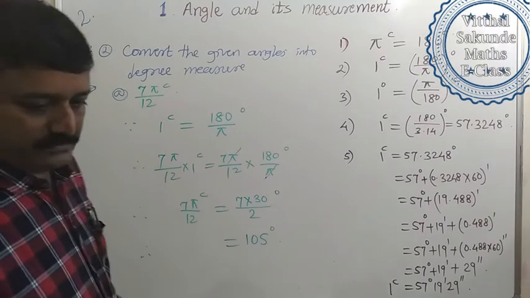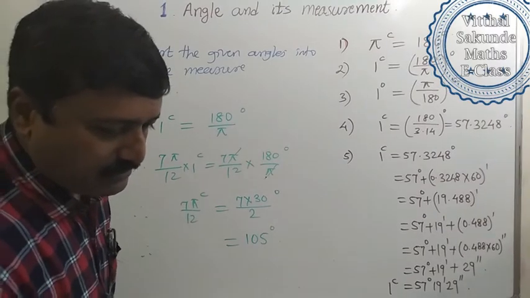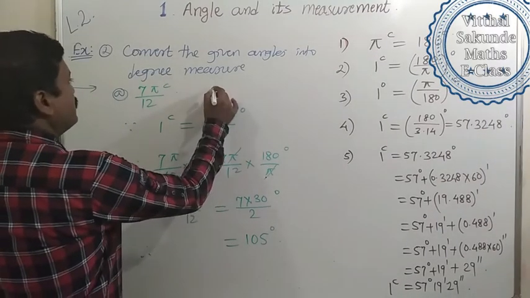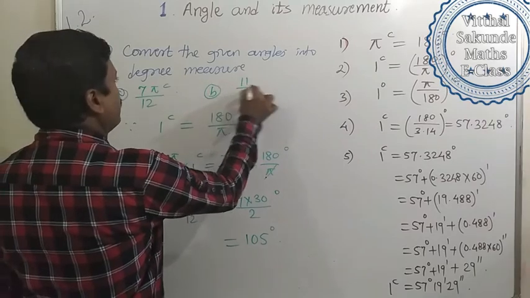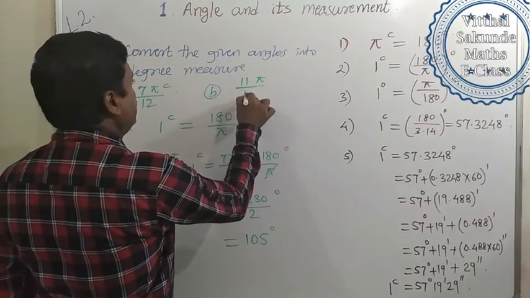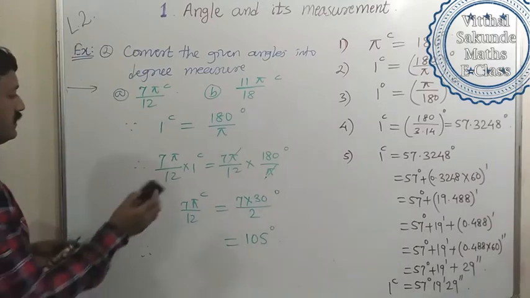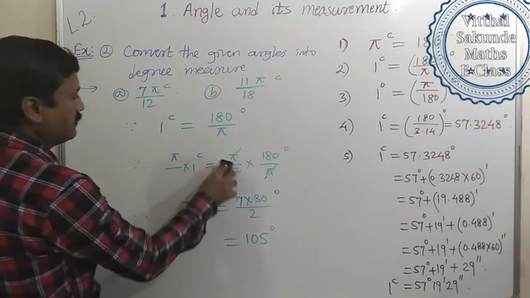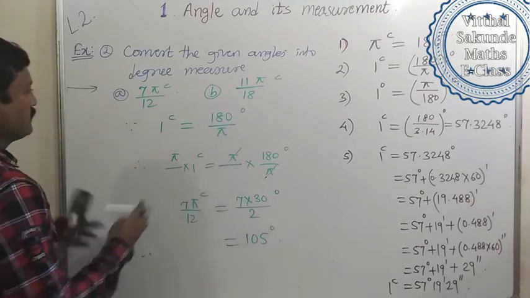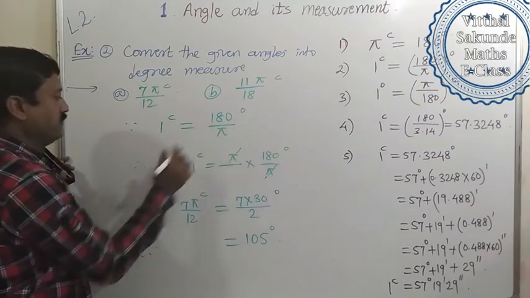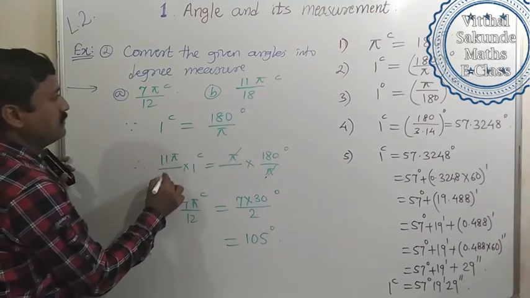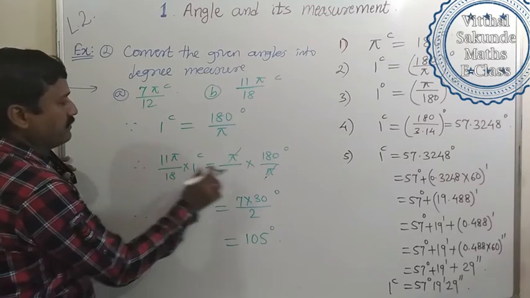Let us see one more, that is 11 pi by 18 radian. That we have to convert into degree. So here it will be the same, 1 radian equal to 180 upon pi degree. So 11 upon 18 pi.